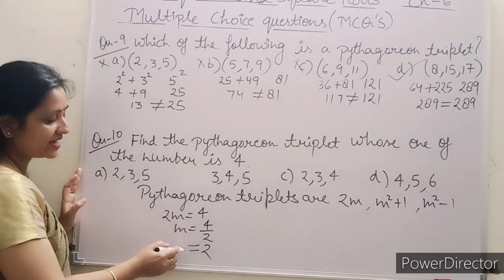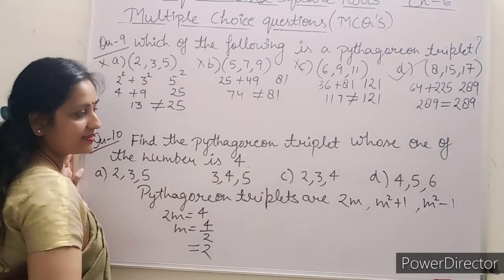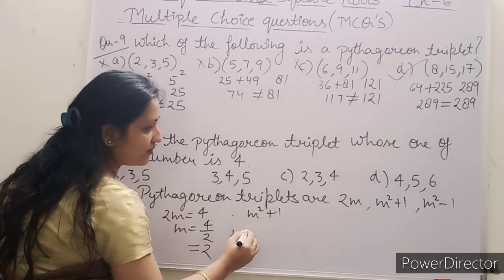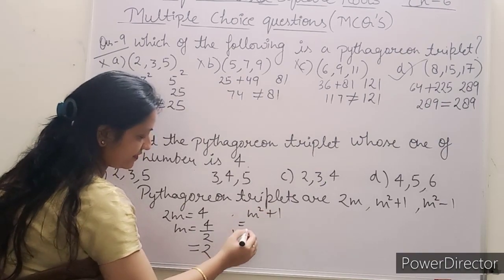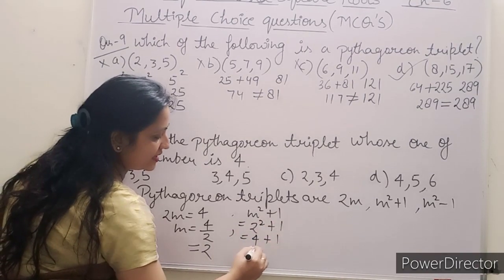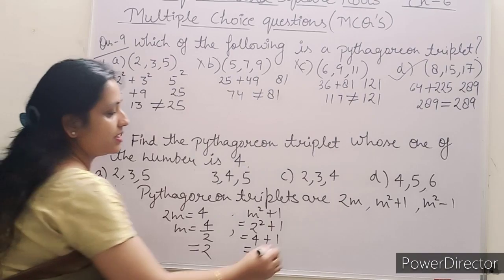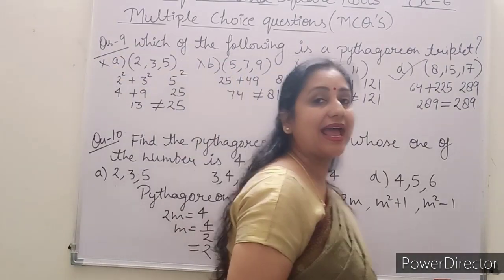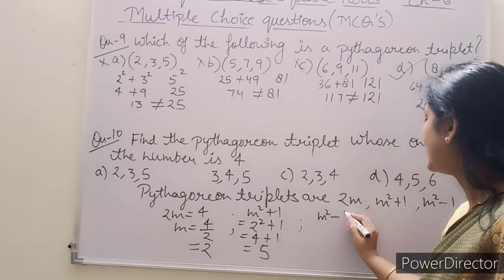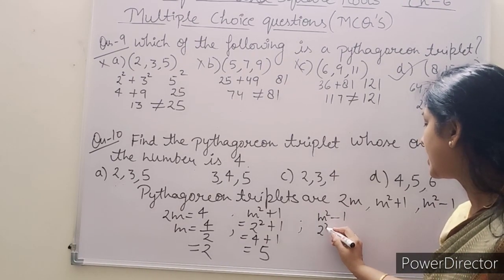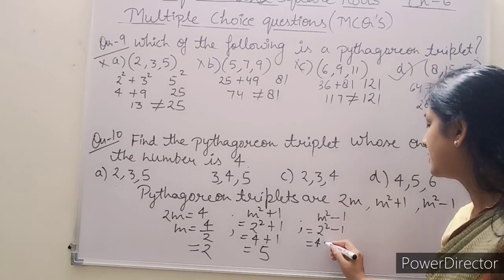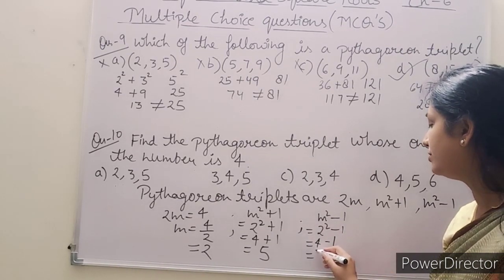Now we'll put this value of m in the second and third numbers. The second number is m square plus 1. In place of m, 2 square plus 1, 4 plus 1 is equal to 5. Now the third number is m square minus 1. So 2 square minus 1, 4 minus 1 is equal to 3.